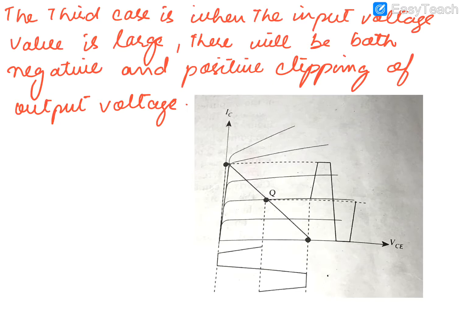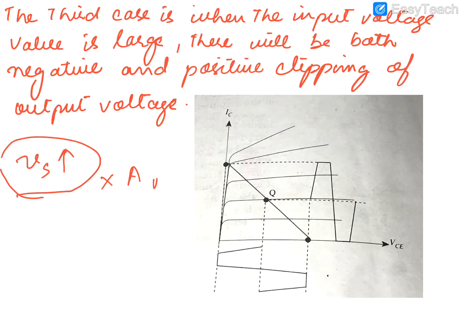But if we change the input voltage Vs, if we increase the value of Vs, and Vs is so large that after multiplying with the gain, the output is greater than the limits of IC maximum, and on the negative side it is less than the value of 0 amperes.